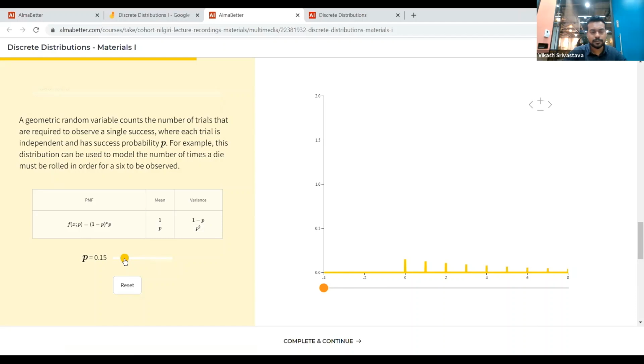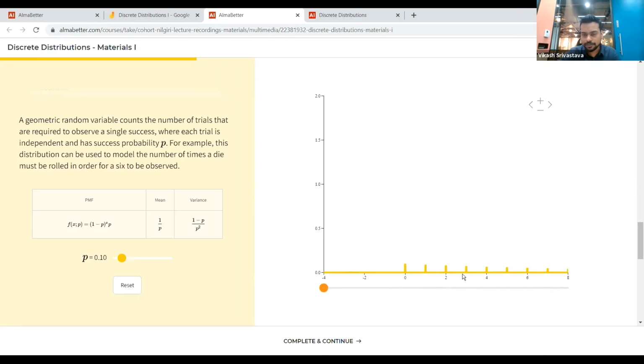Or if I decrease the probability of getting a 6 to maybe 0.1, so as you can see here, I hope you guys are able to see this, if the probability of getting a 6 is 0.1, I can get that, let's say, only in the first trial itself.